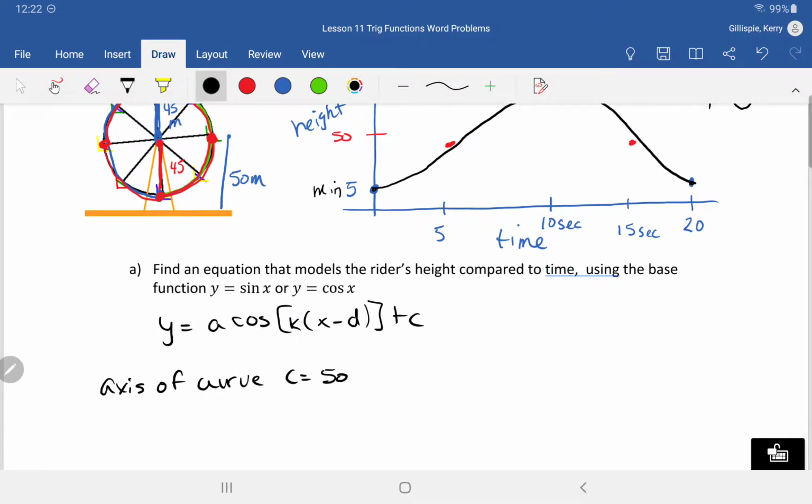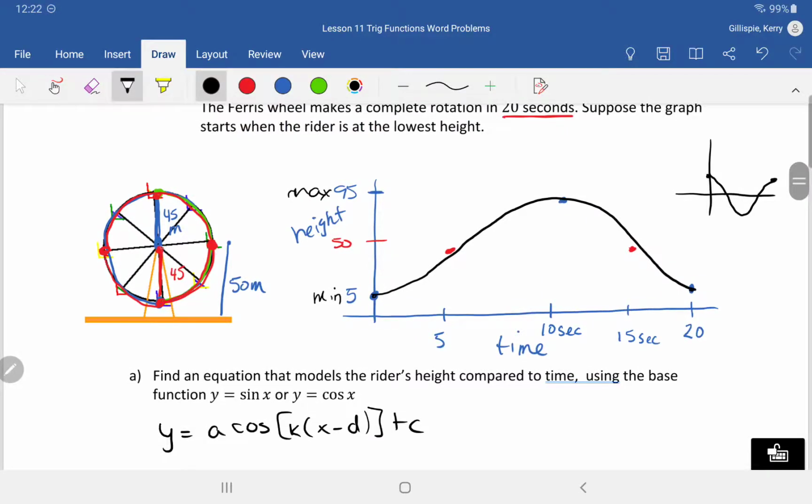The other way that you know it's 50 is because of where the center of the axis of the wheel is. 50 is the very center that this person's going to be. So sometimes they're above 50, sometimes they're below 50, but 50 is the middle. And that is your axis of the curve. Again, this isn't quite perfect, but there's your axis points.